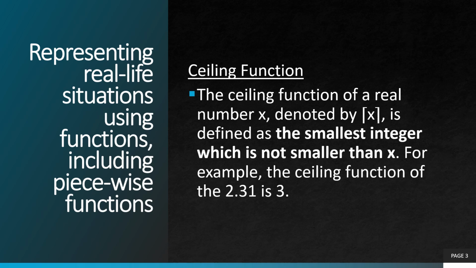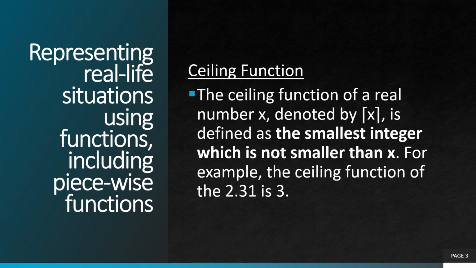So for example, the ceiling function of the decimal 2.31 is 3 because the smallest integer not smaller than 2.31 is 3. In other words, you're just going to round up whatever number it is if it involves decimal numbers or a fraction of a whole.